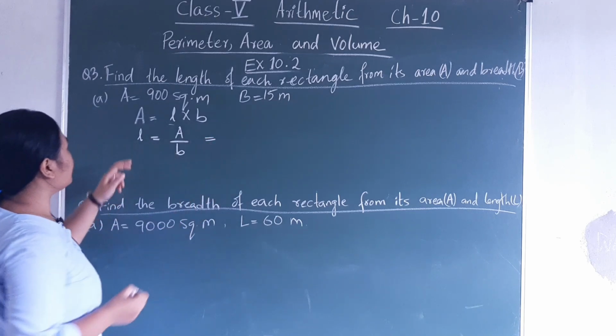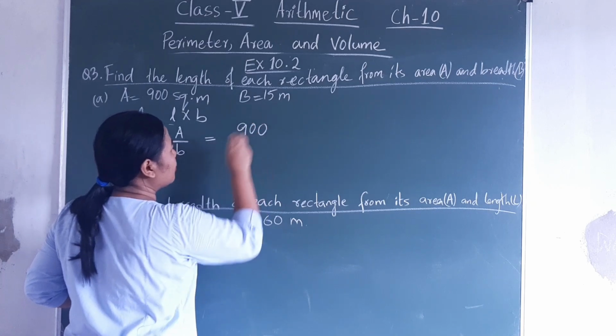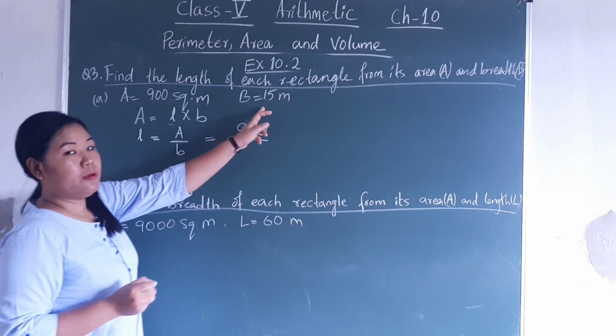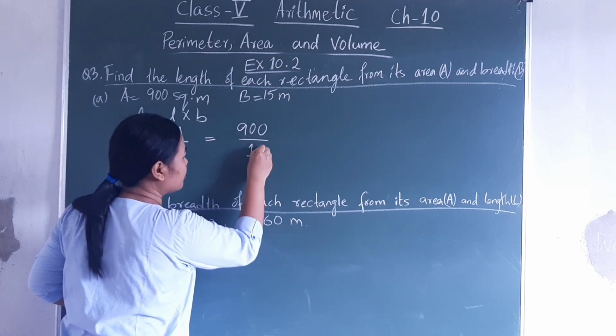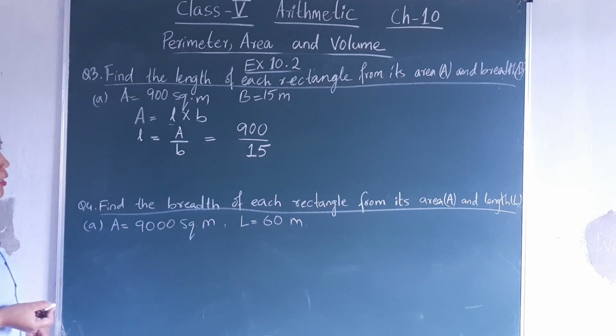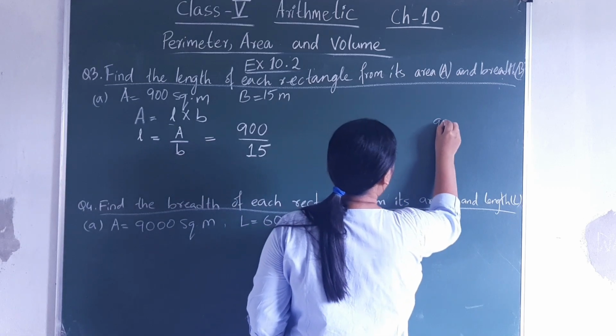Okay, so the formula for length is area by breadth. So what is the area given here? 900, and the breadth 50. So you can cut it, divide it directly.